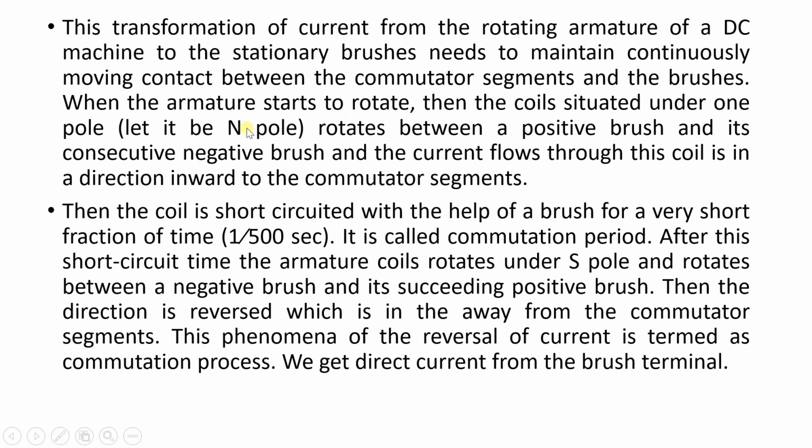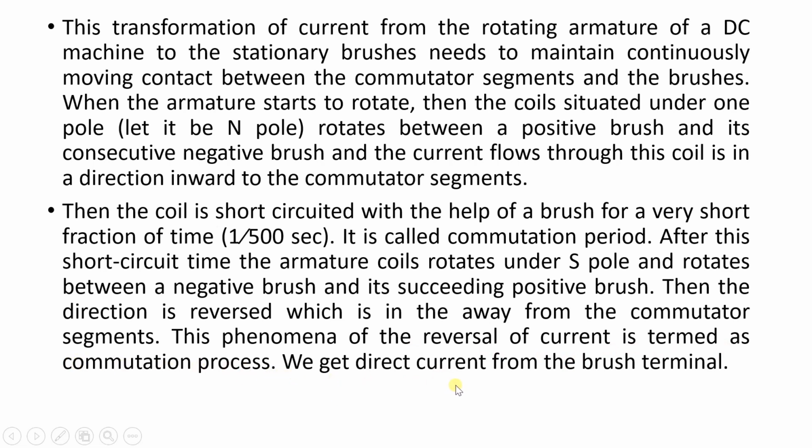First it rotates under the north pole, then it rotates under the south pole and rotates between the negative brush and its succeeding positive brush. Then the direction is reversed, which is away from the commutator segment. This phenomenon of the reversal of current is termed the commutation process.